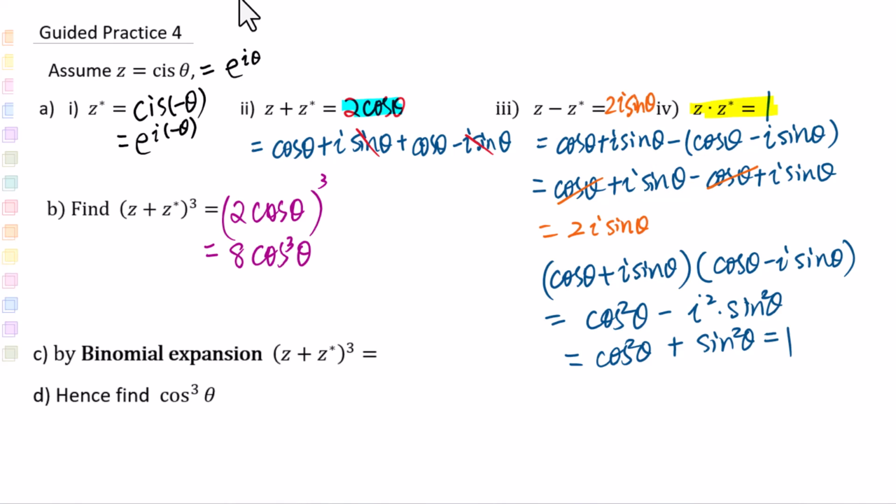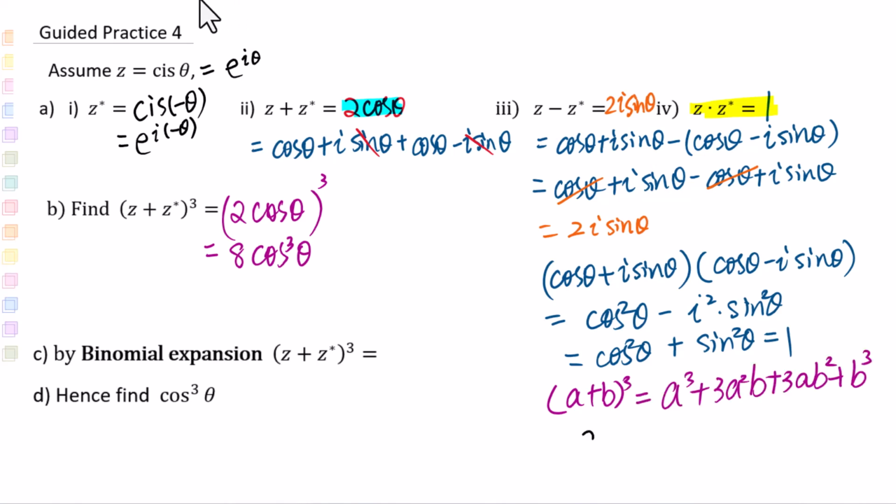C. By binomial expansion, z plus z star to the third power equals... We will use this formula. Let a equal z and b equal z star.